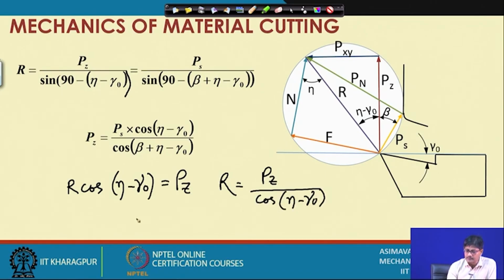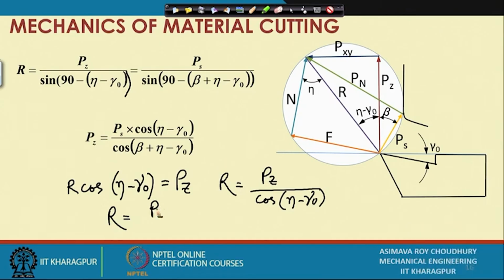And next, we could have also expressed the same relation between R equal to Ps, shear, divided by cos of beta plus eta minus gamma O.